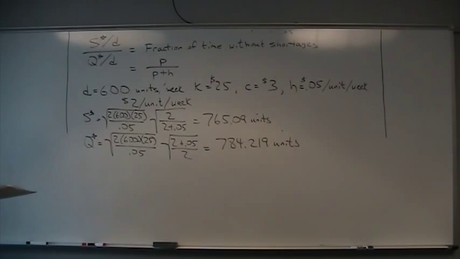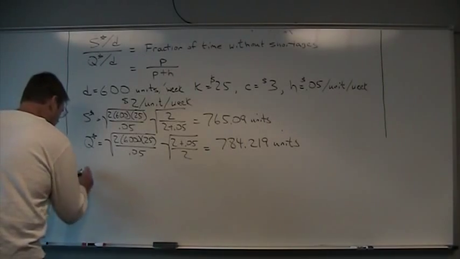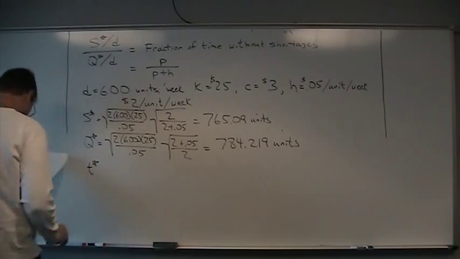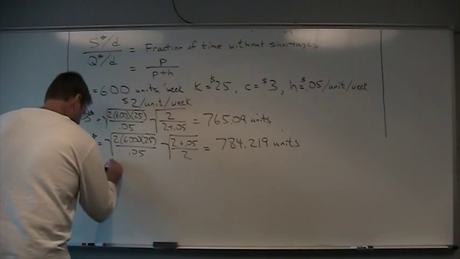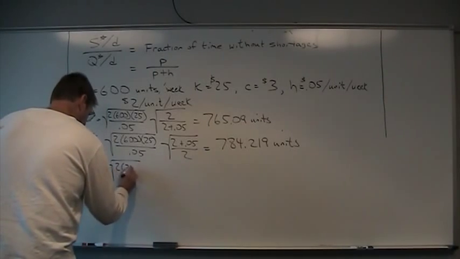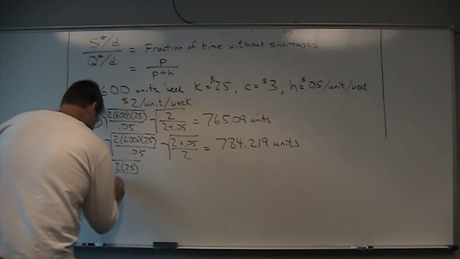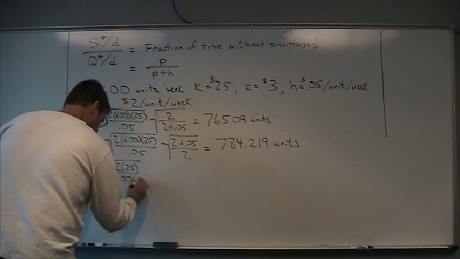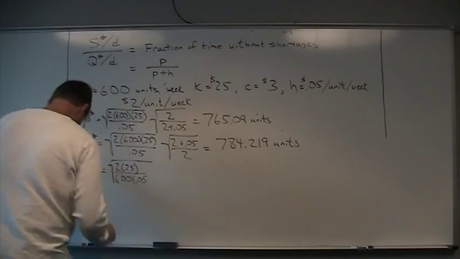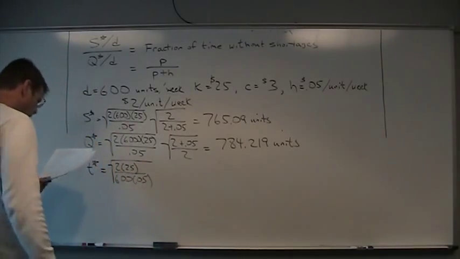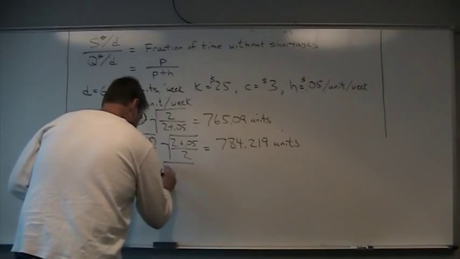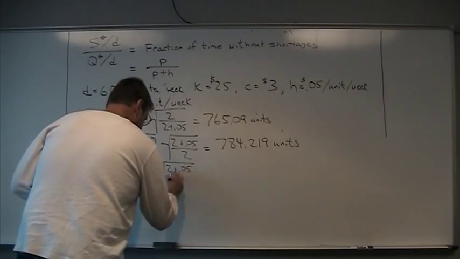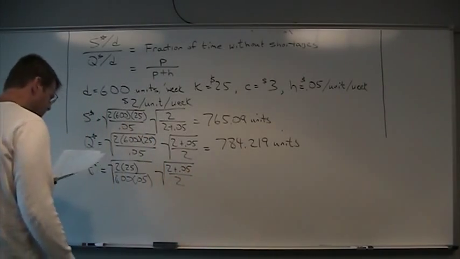If we work with the assumption that the units are divisible, then what we have for T star is the square root of 2 times 25 divided by 600 times 0.05 times the square root of 2 plus 0.05 divided by 2.